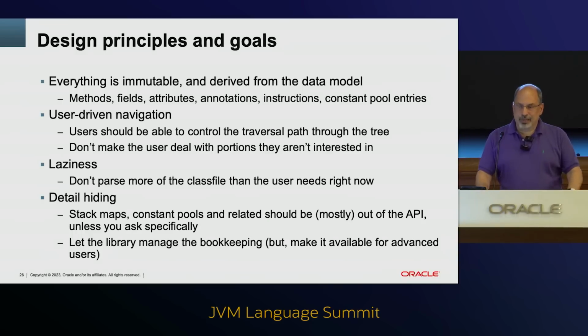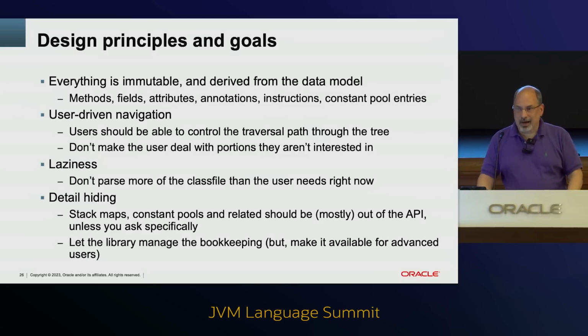Similarly, because this is all immutable, we can use laziness under the hood, and we don't inflate objects that the user didn't ask for. We don't even parse parts of the class file that the user is not interested in. So when we encounter an attribute, all we do is record the offset, the length, and the name of that attribute, and we make a minimal wrapper that describes that, which will fill itself in later if you're interested.